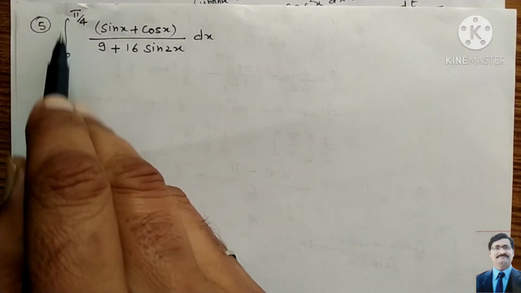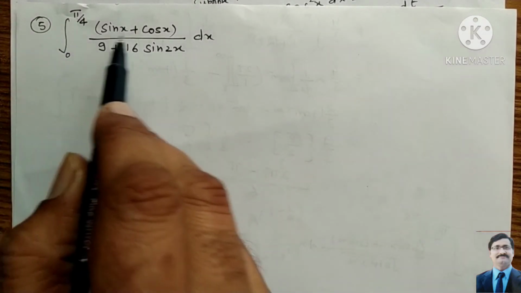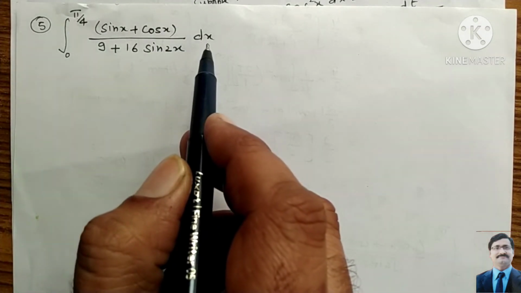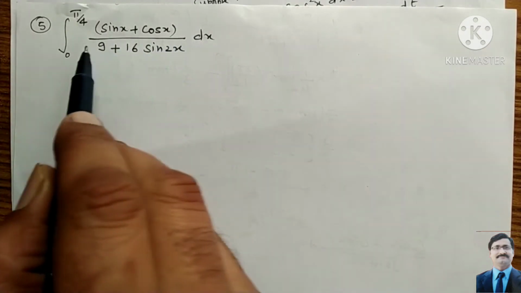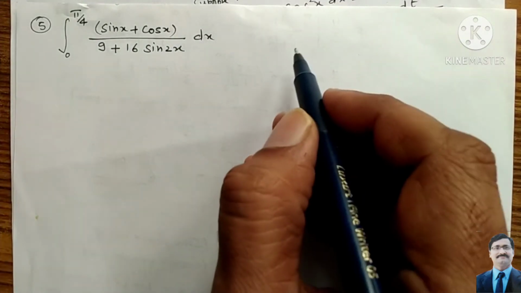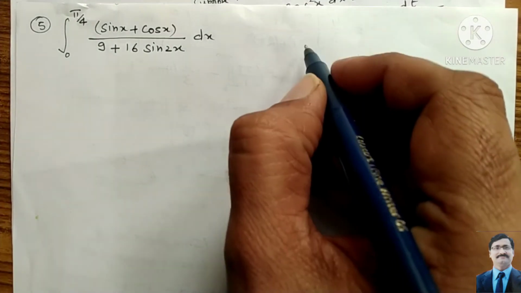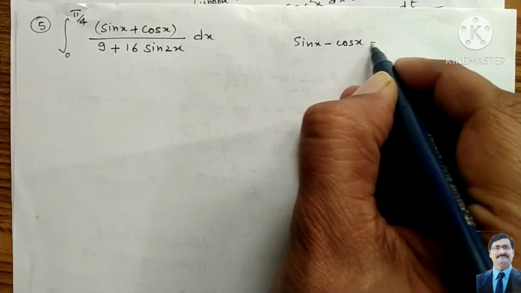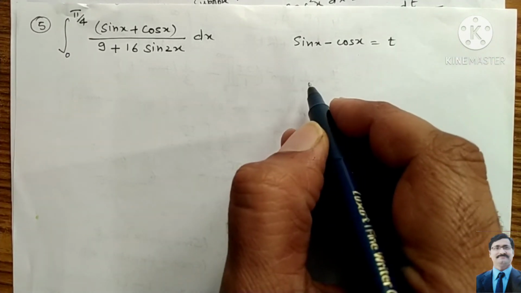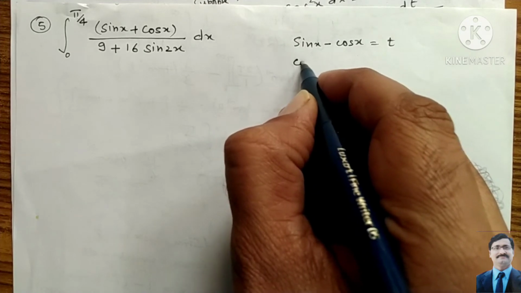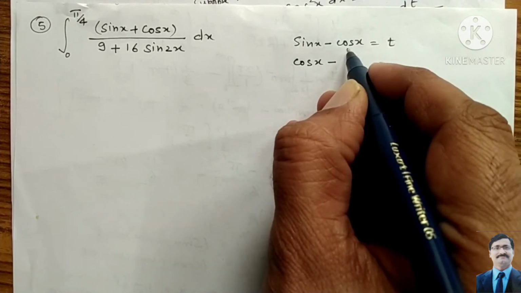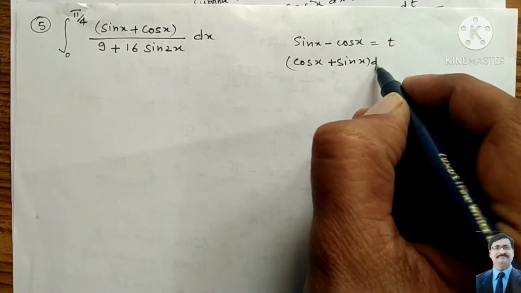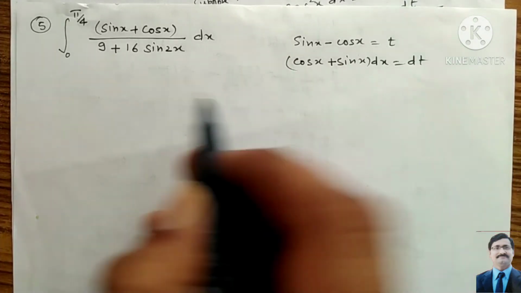Look at this question: integral from 0 to π/4 of (sin x + cos x) upon (9 + 16 sin 2x) dx. This question is the same as the previous question we have done. We suppose sin x − cos x equal to t. The differential of sin x is cos x, and of cos x is −sin x, so minus minus plus sin x, and (cos x + sin x) dx equals dt.